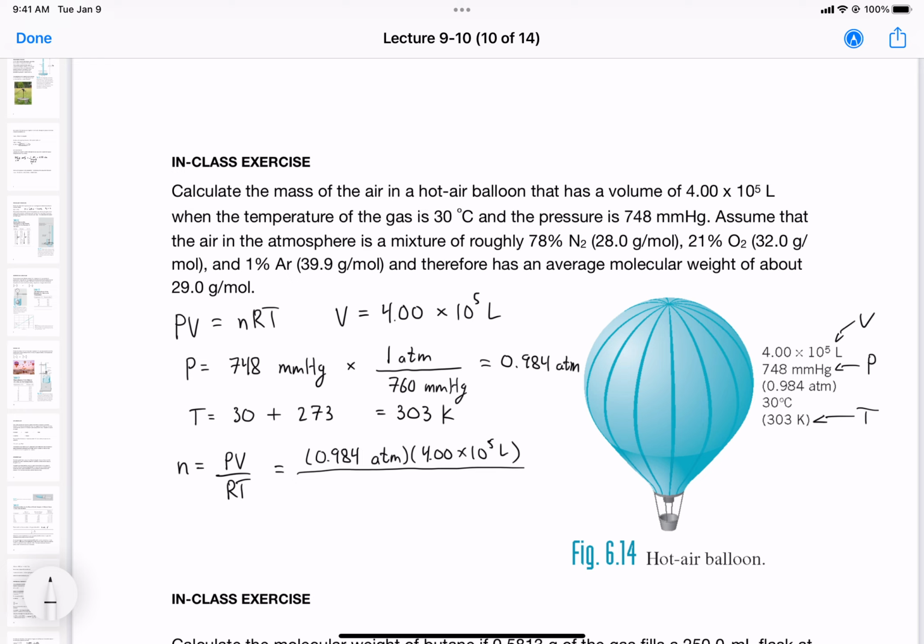And then we get our gas constant here, 0.08206 with all its units. And then we have our temperature here, 303 K. Okay, so all the units will cancel, and what we're left with is moles. And so we get 1.58 times 10 to the 4th moles of air.